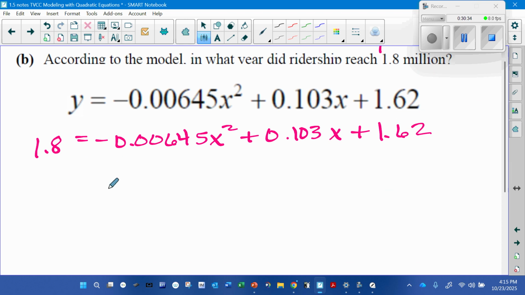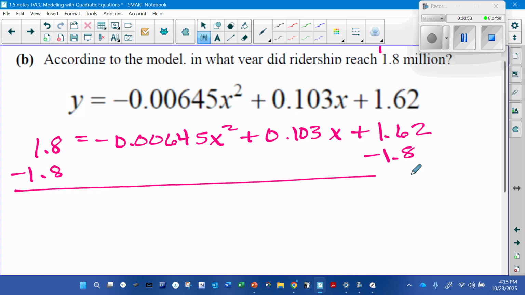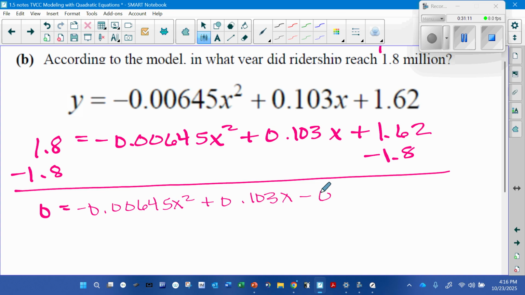All right, so I'm going to move the 1.8 over here with the 1.62 so that it can be equal to 0, so that I can get my A, B, and C to plug into the quadratic formula. If we subtract 1.8 from both sides, we have 0 equals negative 0.00645x squared plus 0.103x minus 0.18.